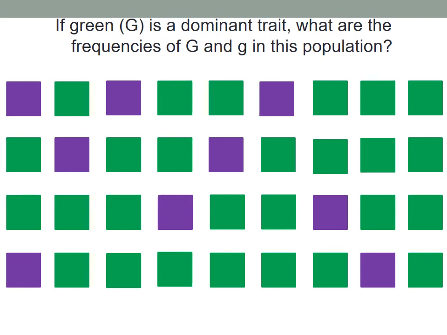If we know that q is 0.5, what's p? Hopefully you're remembering, p plus q equals 1. So if q is 0.5, what's p? Well, it's also 0.5 because 1 minus 0.5 is 0.5.